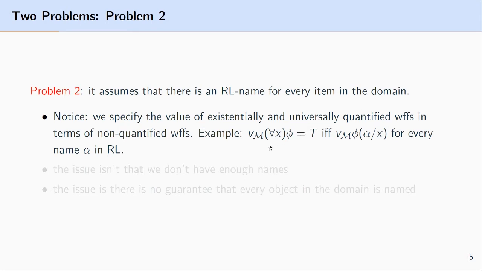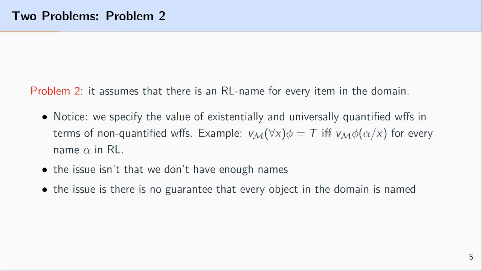So we say that for all x, phi is true, provided we can substitute for x a name, and every single one of these sentences is going to come out as true. But the issue is not that we don't have enough names to name all the objects that we want. The issue is that there's no guarantee that every object in the domain is named.